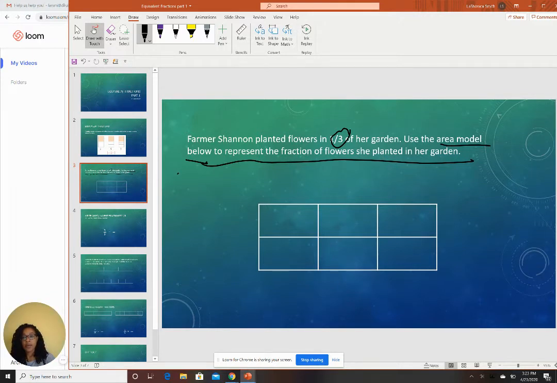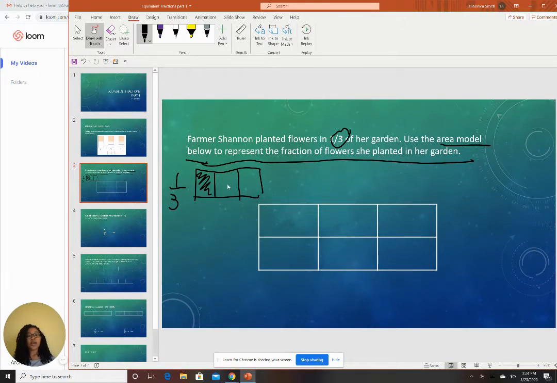So I know what 1/3 looks like, okay? So this is 1/3. I'm going to draw a quick picture. So I know that's 1/3. So if I'm looking at this picture right here, and it tells me to use the area model to represent the fraction 1/3, obviously this picture does not look like this picture.